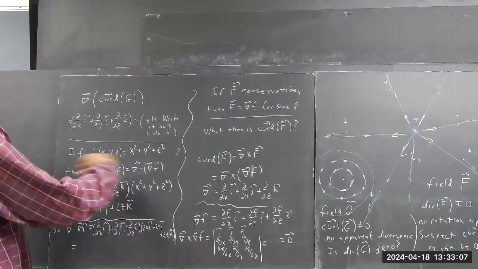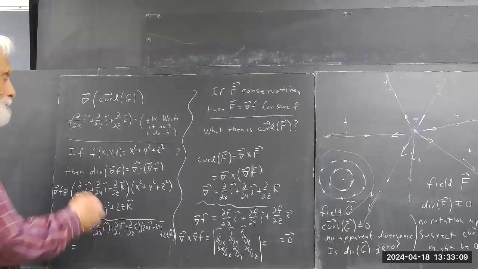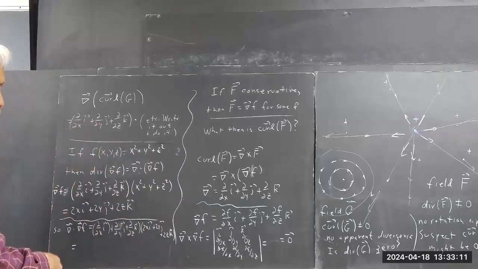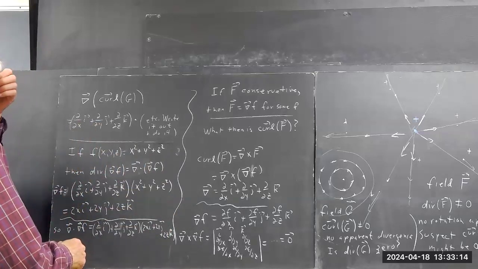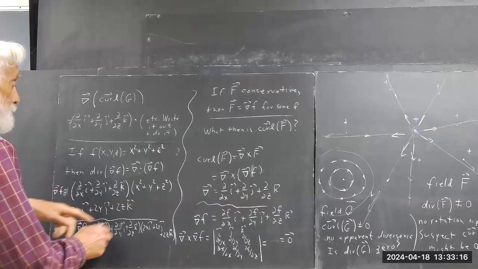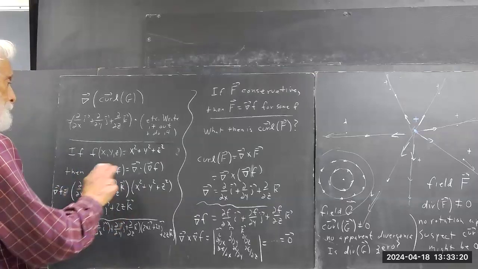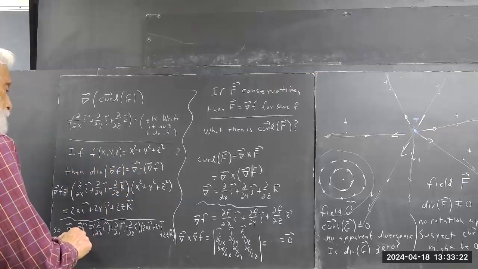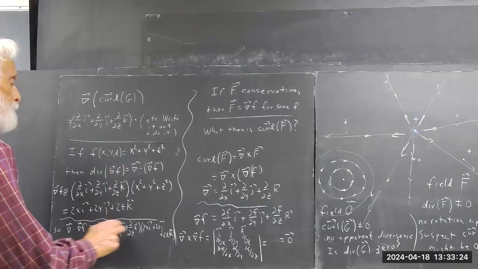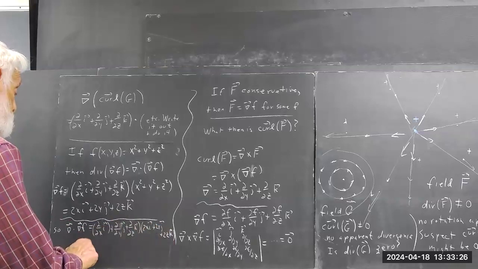Well, what I was thinking was, let's look at this. This is what we get. This is del F. And now we have del dot del F. Each of these partial derivatives is 2.